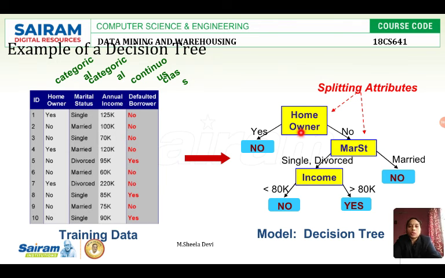He is not the homeowner, his marital status is single and he is having more than 80,000, means yes, he will be a defaulted borrower. So with this decision tree I can come to the conclusion whether he will be a defaulted borrower or not. Clear?